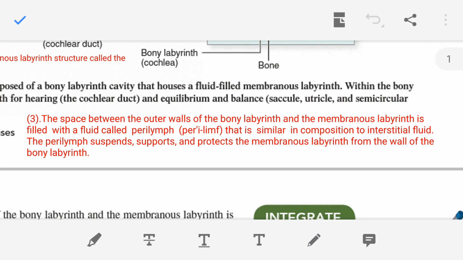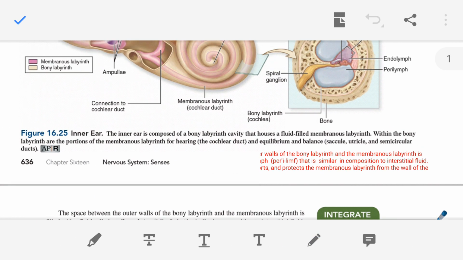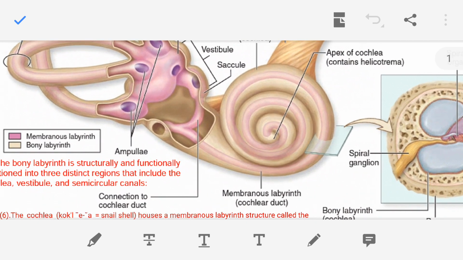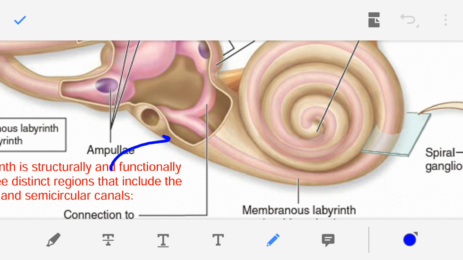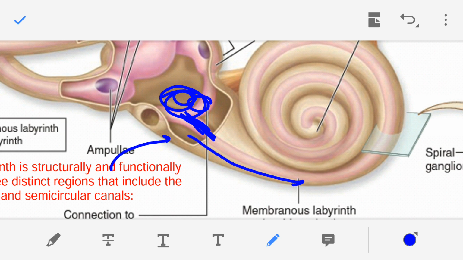For example, in this figure you can understand, this is the bony labyrinth, and this pink color portion is the membranous labyrinth. If I give you fluid and tell you to fill this sac, when you pour the fluid it will move over here, in this space.